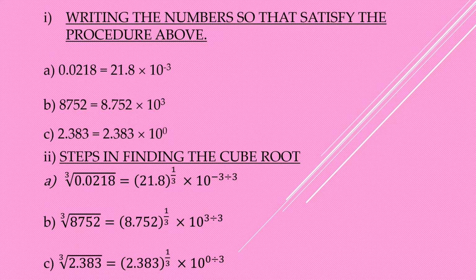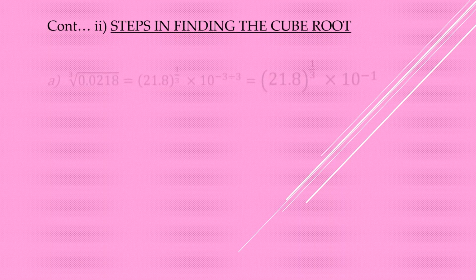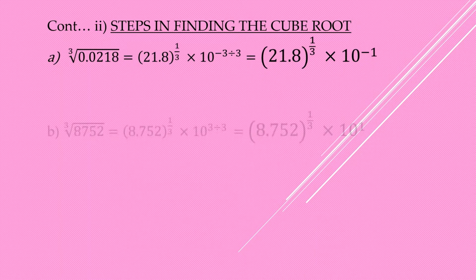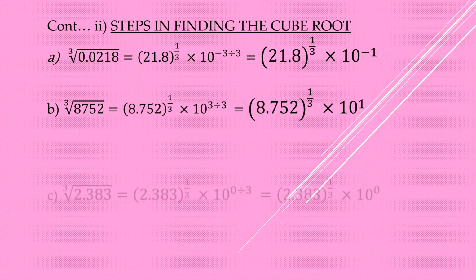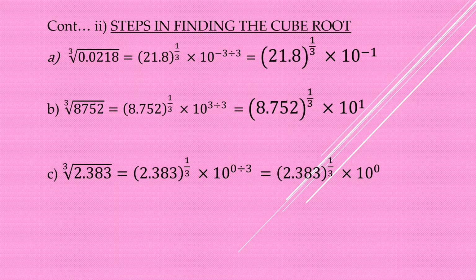To continue, we have already simplified that part of 10 raised to power n, where n must be an integer divisible by what? 3. The remaining part is the part of r, where we are required to find the cube root of these numbers in our mathematical tables.